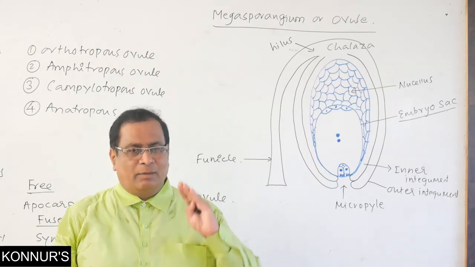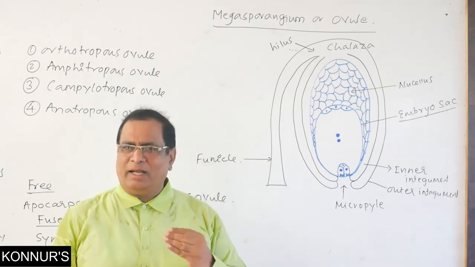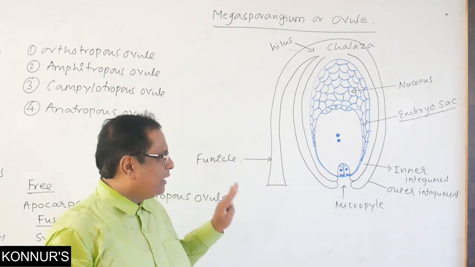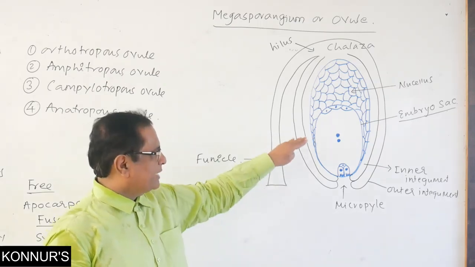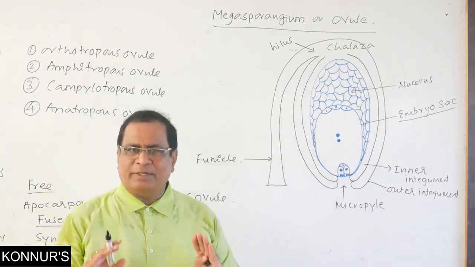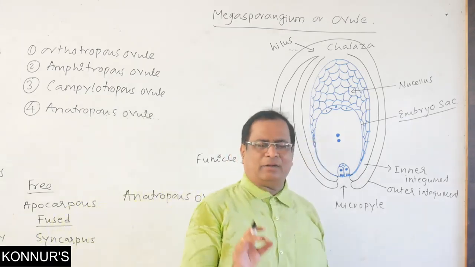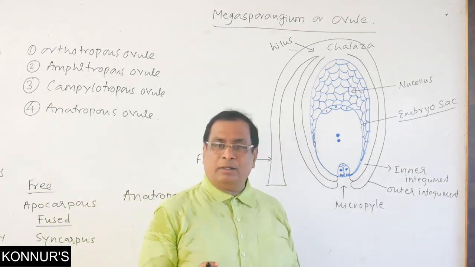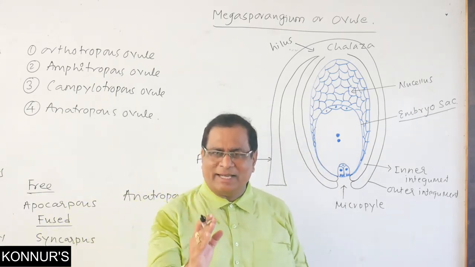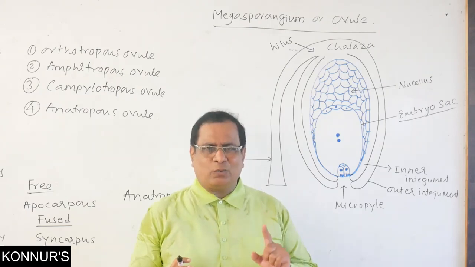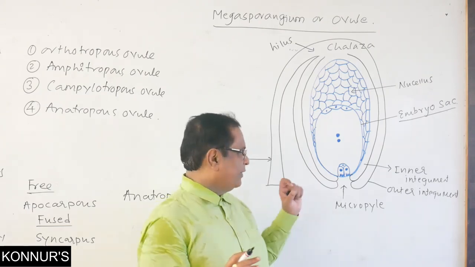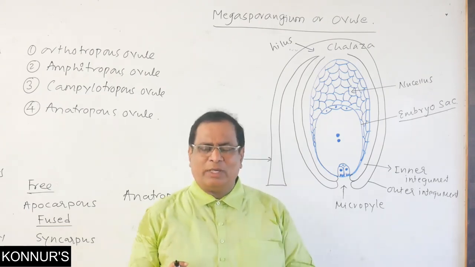Just like pollen grain is a male gametophyte, in the similar way, embryo sac is female gametophyte. And this embryo sac at mature is having 7-celled and 8 nucleated.